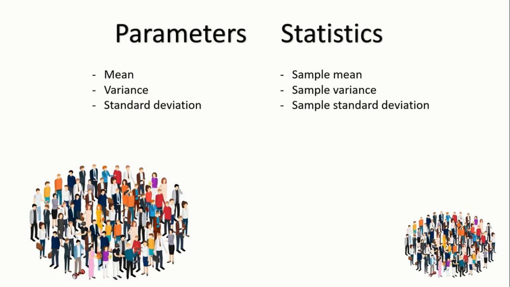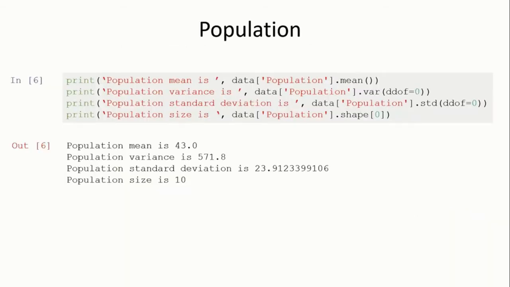from the same population. Let's print out the parameters of the population, which we have just created. We can calculate mean, variance, and standard deviation using data frame methods .mean, .var, .std. The mathematical formulas for mean and variance are given.